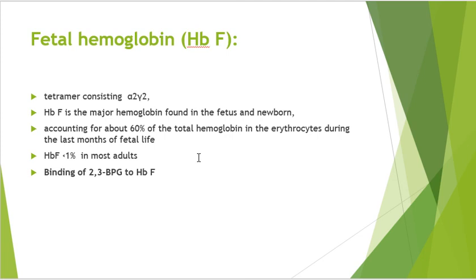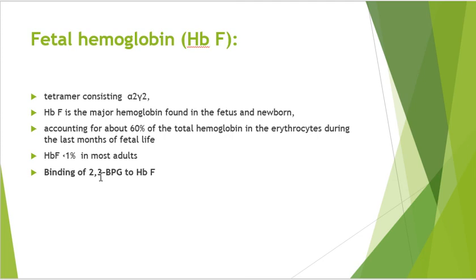The most important feature of hemoglobin F is its binding with 2,3-bisphosphoglycerate. Under physiologic conditions, hemoglobin F has higher affinity for oxygen than does hemoglobin A, or adult hemoglobin.